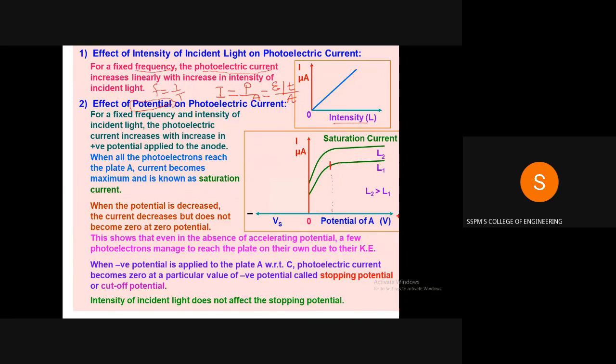Okay, so this part is coming under saturation current.